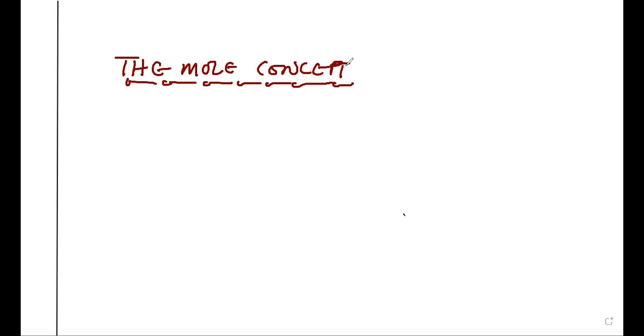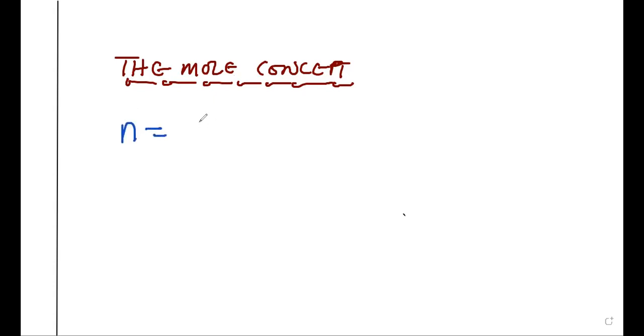We are going to calculate the number of moles given the number of atoms. Now, what is the relationship between the number of moles and the number of atoms? So we are going to use this formula very much.